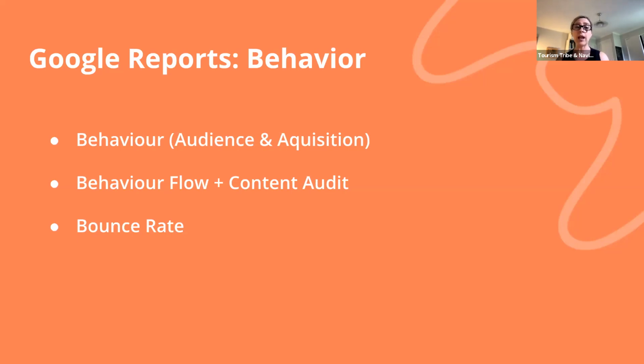It looks at the behavior flow through the website, and it's also a great place to do a content audit to see what pages are working, what aren't, and how engaged people are. We all want our website to be engaging, and we put a lot of effort into creating content. In this section, we can tell what content is working and what is just being missed by your audience.